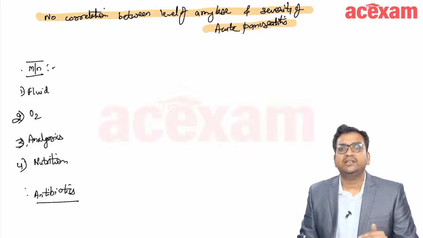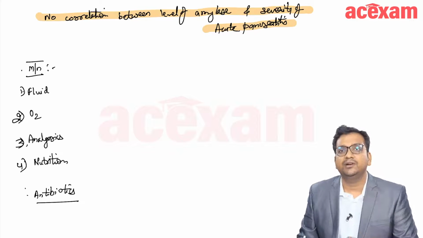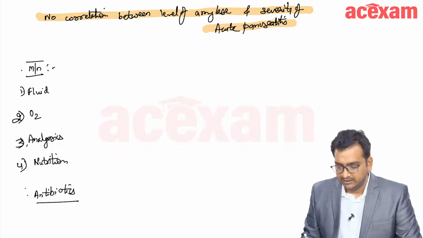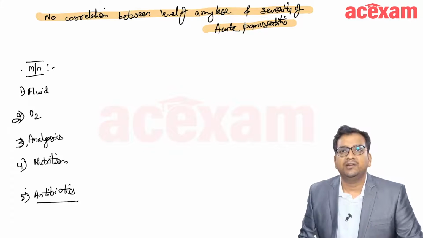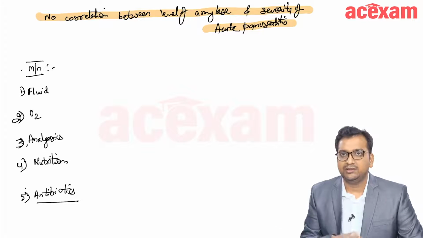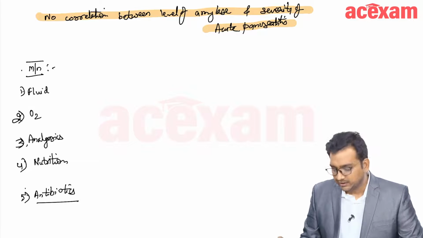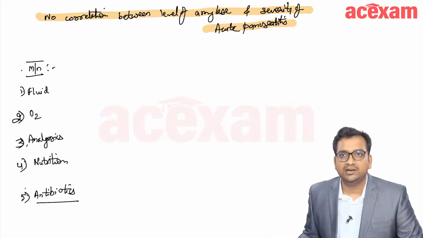In nutrition, enteral nutrition, that is taking normally or via tube feeding, is better as compared to giving TPN. And antibiotics are generally not given. Prophylactic antibiotics are not indicated. We will give antibiotics only if there is any complication or infection. Otherwise, prophylactically in cases of pancreatitis, we will not start the antibiotic. Okay.